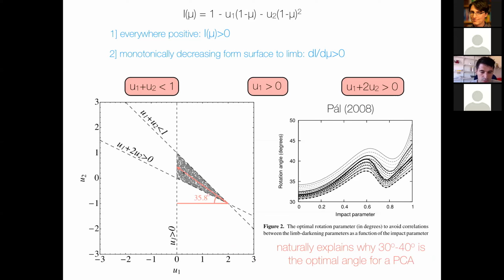And if you can find a way to reparameterize so that you're sampling always from this triangle, then you will naturally eliminate these correlations between these two terms by essentially moving up and down this bisector. And that's what my proposed parameterization does, in fact. So it's kind of interesting that this pattern was not noticed before, but it really naturally explains this behavior that Andras Pal noticed.